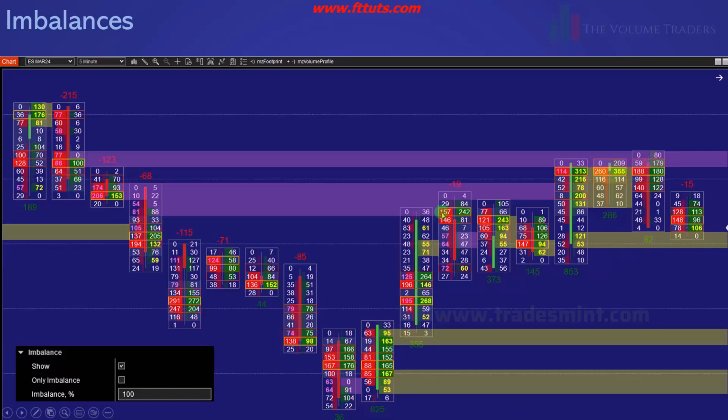So as mentioned on the previous slide, imbalances create great support and resistance levels. On 6B I use imbalances, but here on ES and GC, as gold, I use stacked imbalances. If there's just one cluster, one tick with an imbalance, I don't use this as a key level.